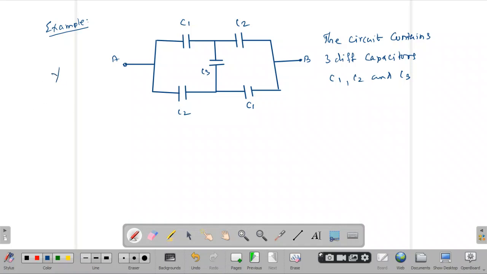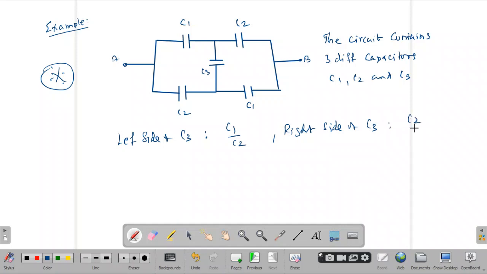Remember student, this is most important. On the left side of C3, the ratio is C1 by C2, correct? On the right side of C3, the ratio is C2 by C1. Just the ratio is reversed. Left side is C1 by C2, right side is C2 by C1. The middle one is totally different from C1, C2.